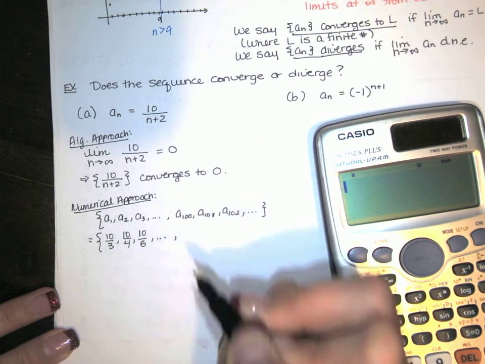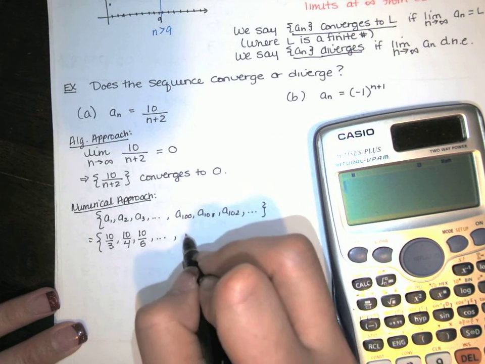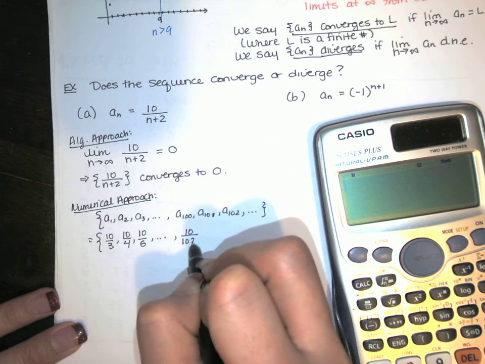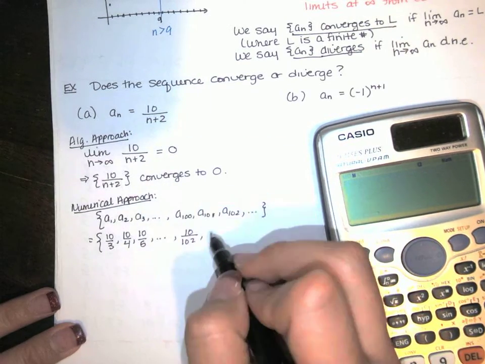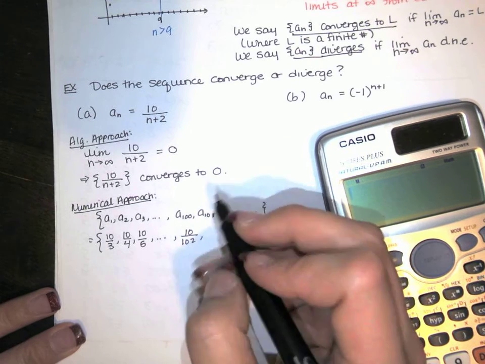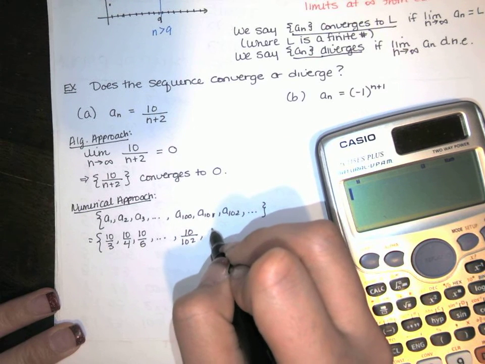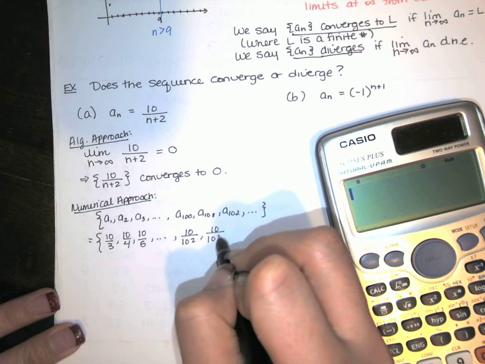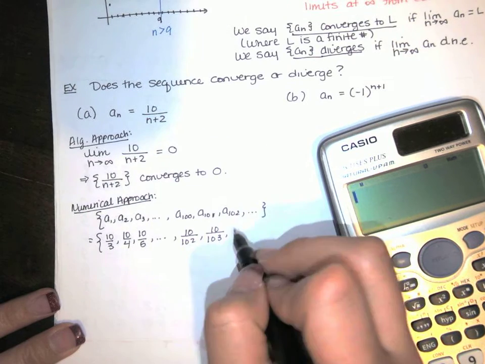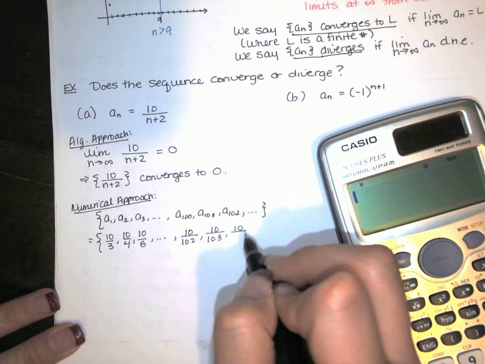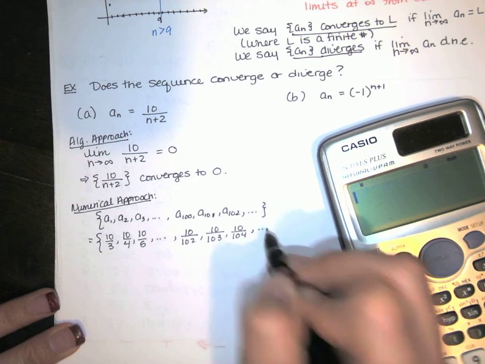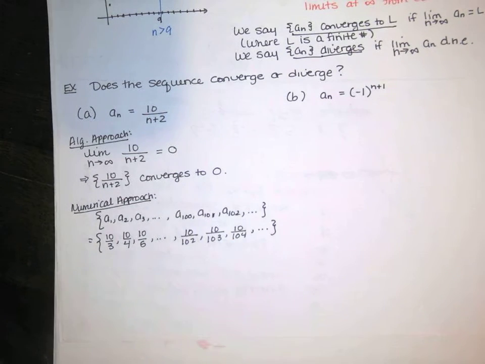And so on. Let's replace n with 100. So I have 10 over 102. Let's replace n with 101. Well, that's 10 over 103. Then with 102 we get 10 over 104. And you keep going.